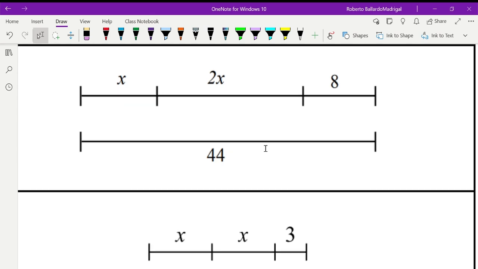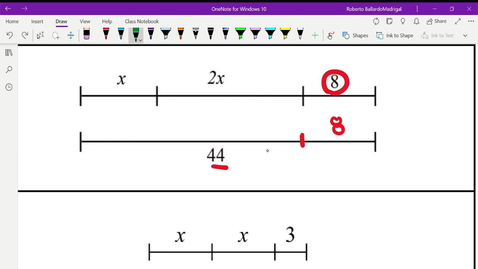So for example, this 8 here, I know that this section here must also be 8 to be the same. Now, what we are also saying here is that this 8 plus something else adds up to 44. So what is this other missing quantity?